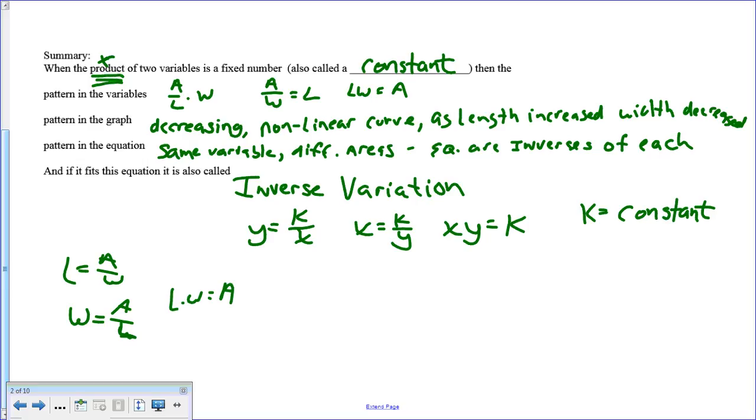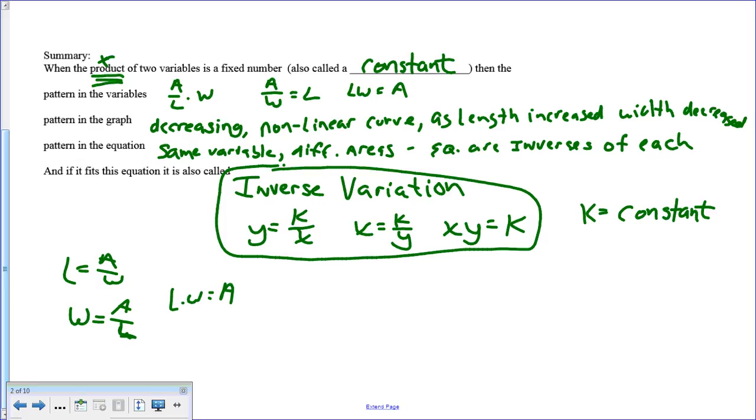These are the general forms of inverse variation right here. So if I were to give you a table of values, and let's say you notice that it's not linear, start thinking to yourself, well, every time I multiply x and y together, do I get the same number? And if you do in a table, you know that now that's an inverse variation and not an example of a linear model.